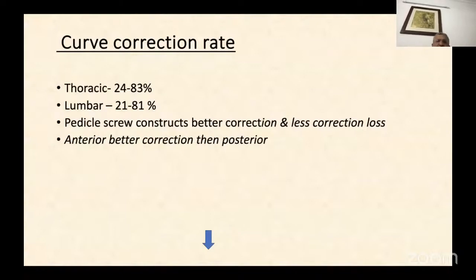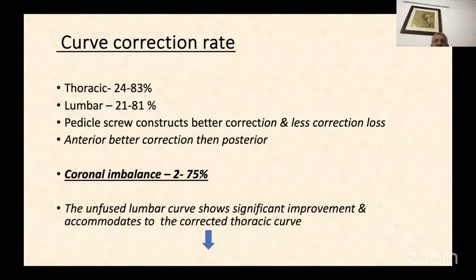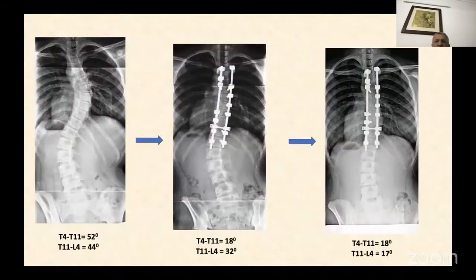As I can show you, the thoracic curve correction in the literature varies because the method of correction people have used is different, both in the lumbar and thoracic curve. Still, complications like this can happen, but usually the lumbar curve modifies it and it corrects spontaneously over a period of time.